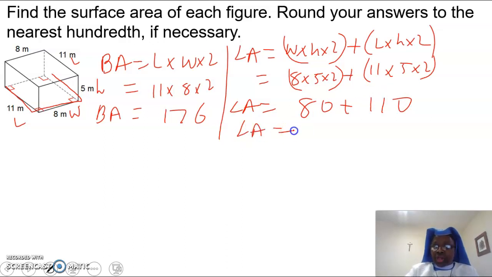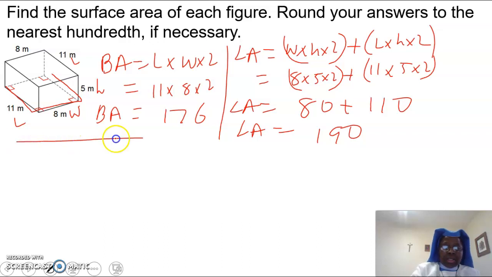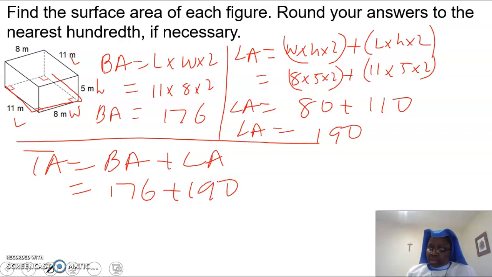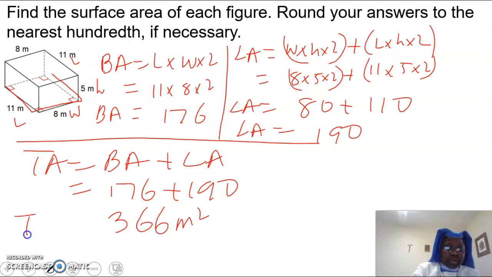The total lateral area then is going to be 190. And then the total area is going to be the base area plus the lateral area. It's going to be 176 plus 190. That is 366 meters squared, the total surface area.